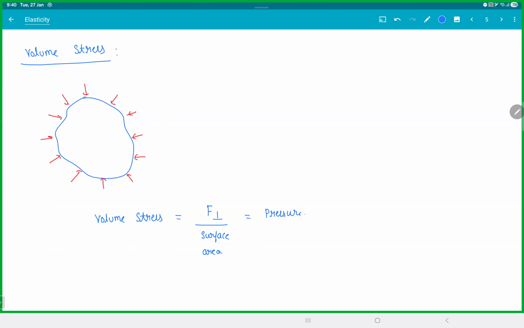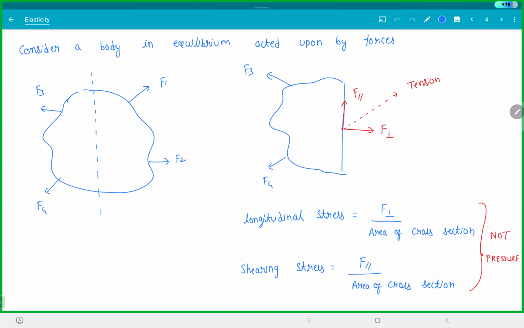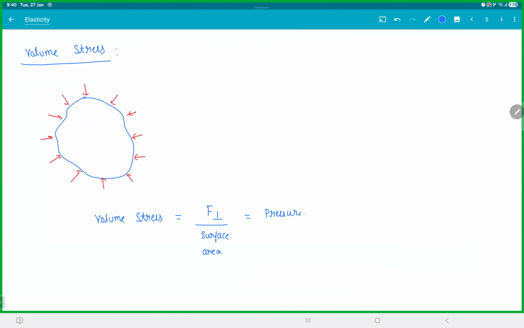Sure, let's start off. Come on, everyone. So we have three kinds of stresses: longitudinal stress, shearing stress, and volume stress. So what are these exactly? Again, when you're doing construction, or anything, it is important that you know what kind of stress you're dealing with.